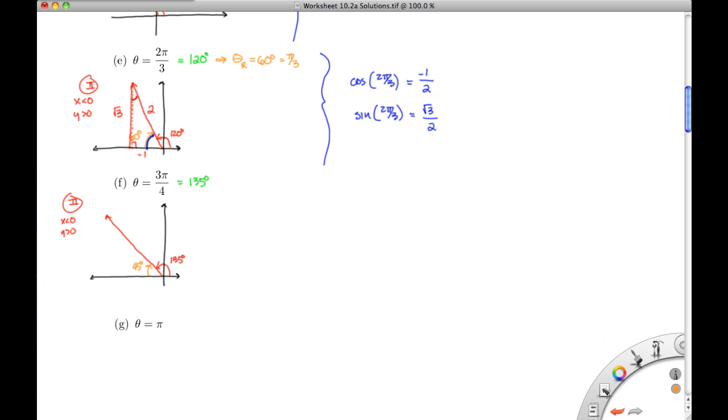So let's make a note of our reference angle. Our reference angle, theta sub r, is going to be 45 degrees, or pi over 4. And this is what we're going to use to help us find the cosine of 3 pi over 4 and the sine of 3 pi over 4.